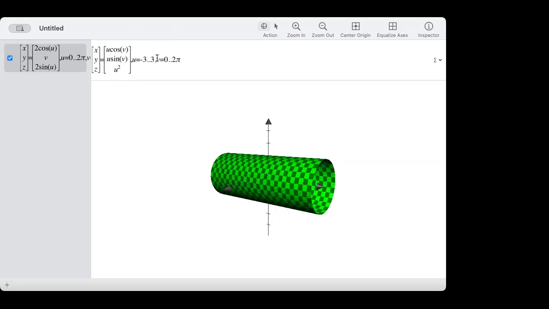Even before I do anything else, what does this look like? Let's pick a variable to fix. You want to fix u, you want to fix v. If I fix u, let's pick a number. How about 1, right?